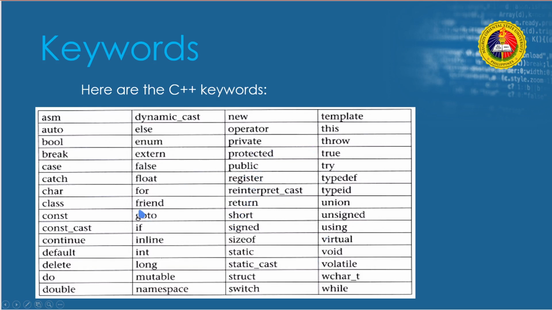Maybe you can take a screenshot, and every time you create an identifier, make sure it is not among these. So we cannot use false, float, for, friend, goto, if, inline, public, register, and so on. Do you follow? Yes, sir.